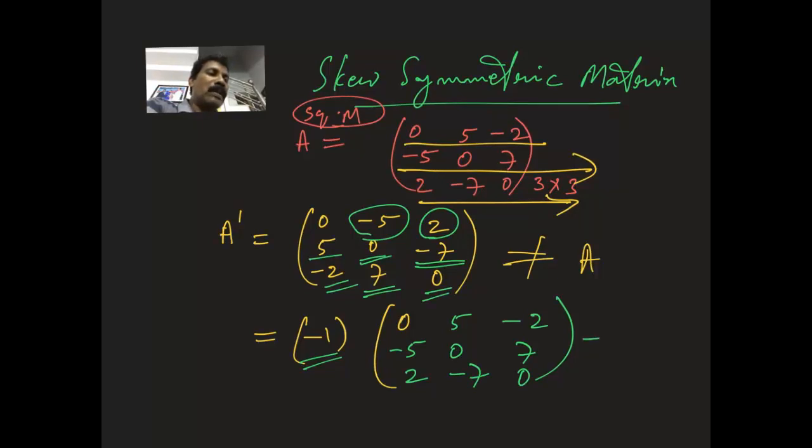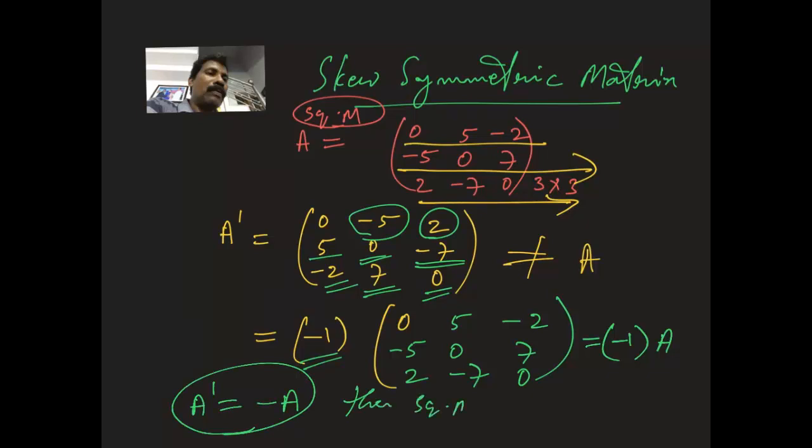And you can see negative 1 into A. So, here what is the property? That is A dash is not A but negative A. If it happens, then the square matrix capital A is called skew symmetric matrix.